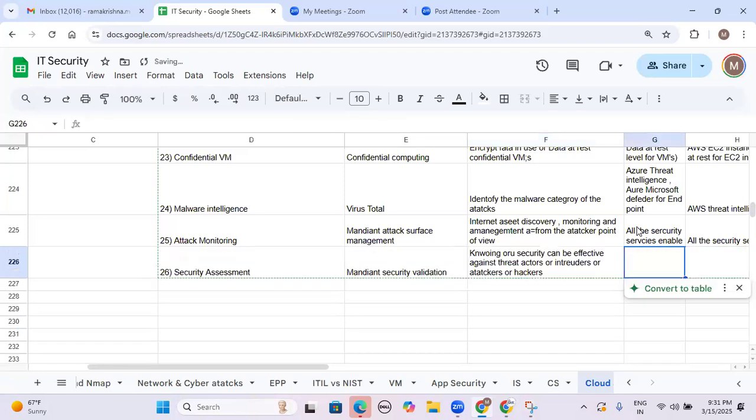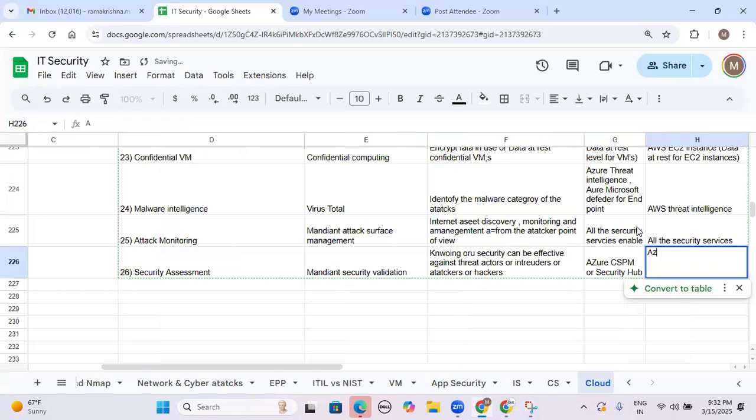It will report whenever any audit has failed, and then we will go and fix those audits. As I said, this is your CSPM or Security Hub. This one we can call Amazon Security Hub.